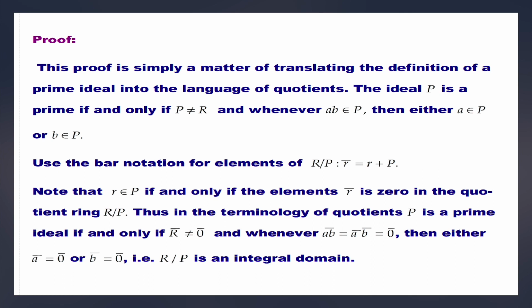The proof? This proof is simply a matter of translating the definition of a prime ideal into the language of quotients.